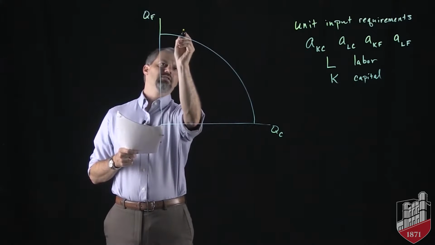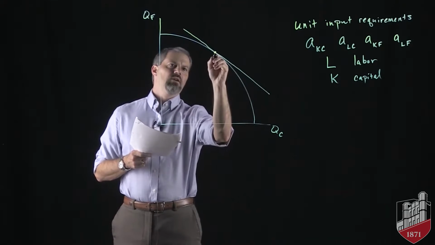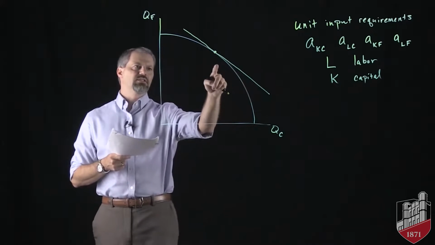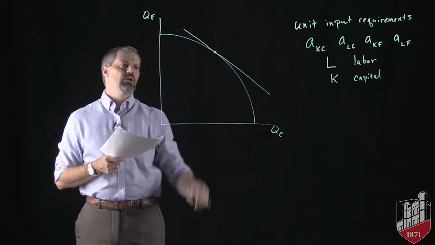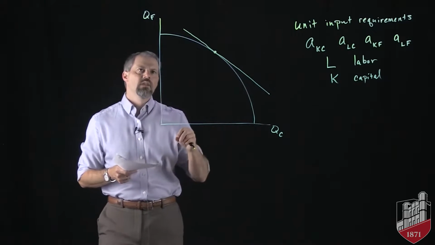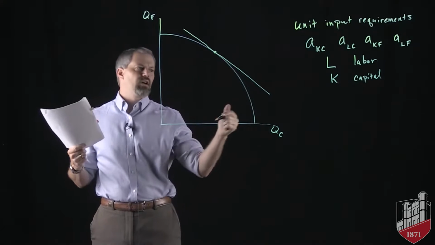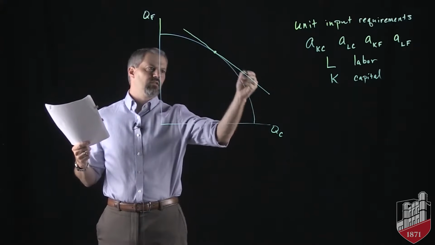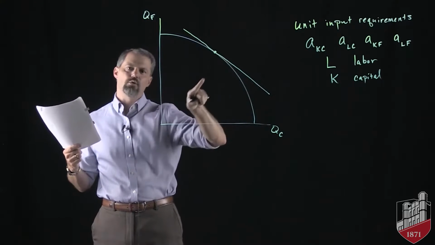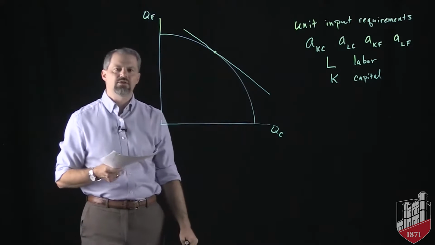Remember that iso-value line, we're going to end up at a point where the slope of this iso-value line is just tangent or equal to the slope of that production possibilities frontier. So in the economy, we want to maximize the value of production, which is illustrated by this iso-value line. So we want to move that thing to the northeast. And so we're going to end up at a place where those two things are just tangent.